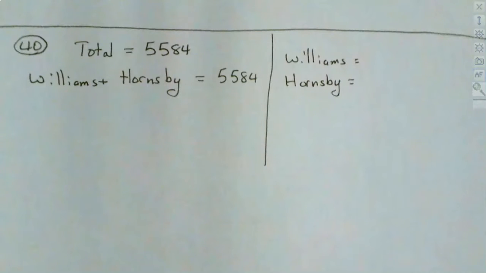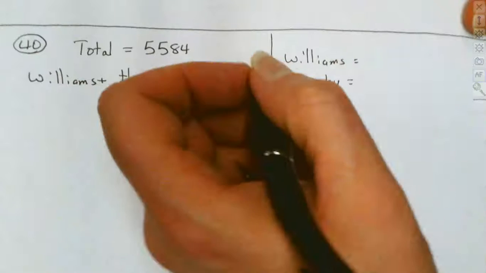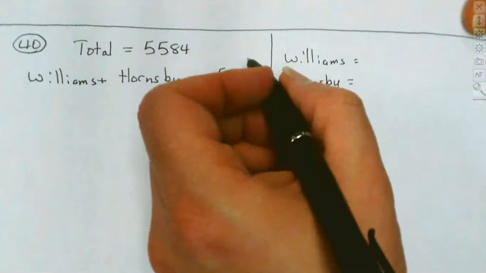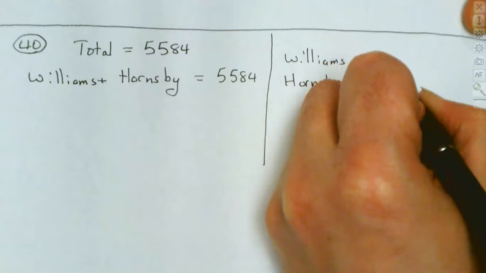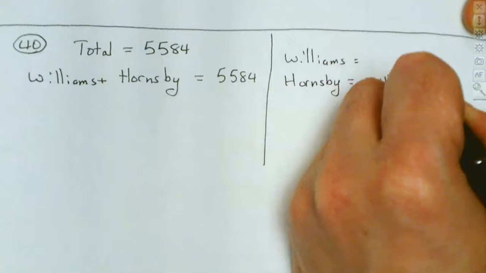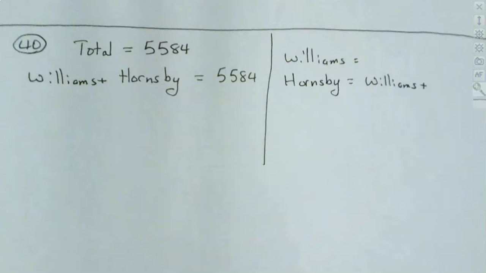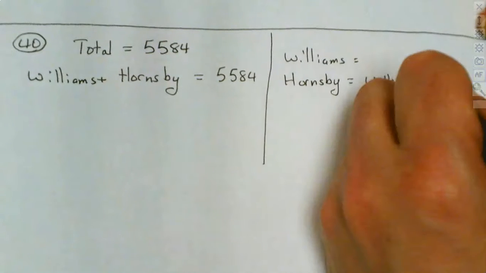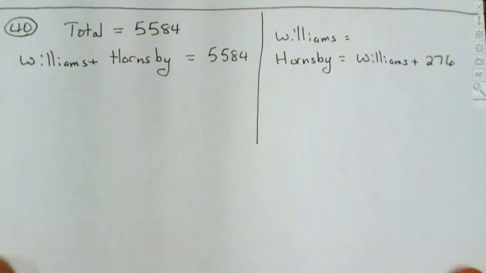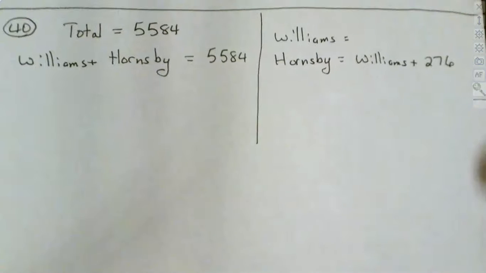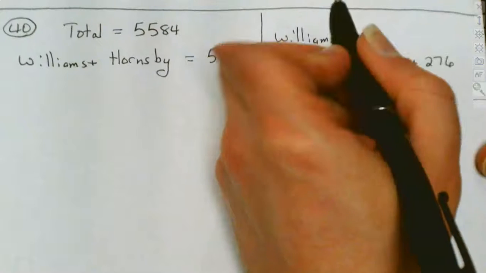It says Hornsby had 276 more hits than Williams. So Roger Hornsby is going to be Ted Williams plus 276. And do we know how many hits Ted Williams has? Nope. So that's our unknown variable x.